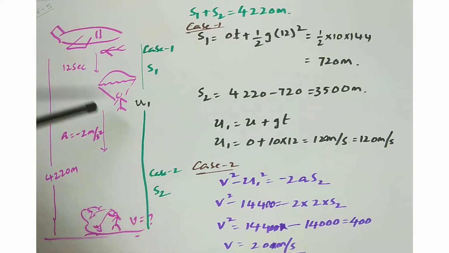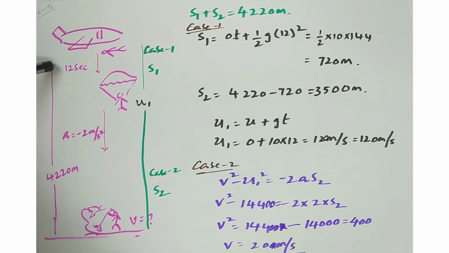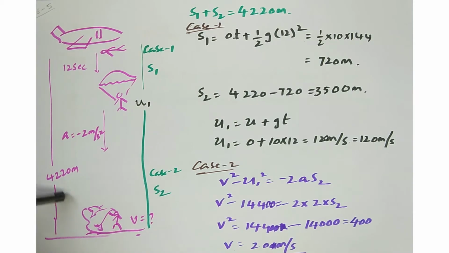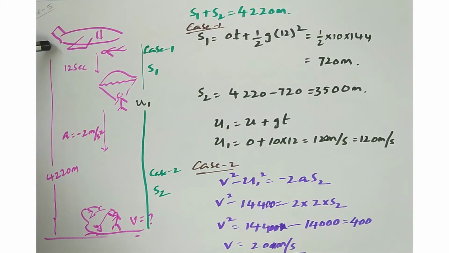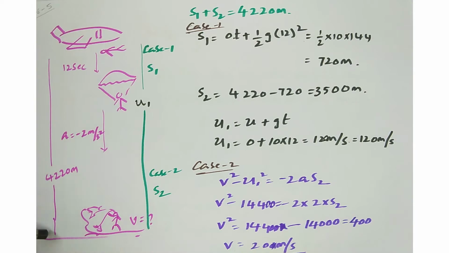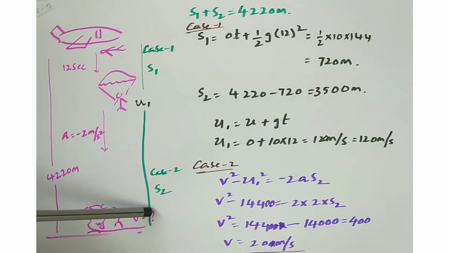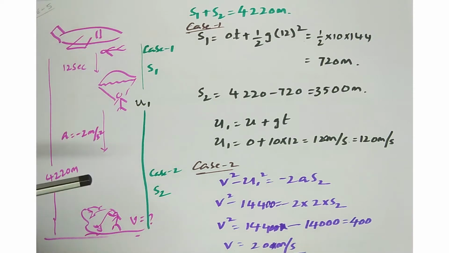It is also given that the aeroplane was at a height of 4220 meters when he is about to drop out of the aeroplane. Now the question is, with what velocity does he reach the ground?